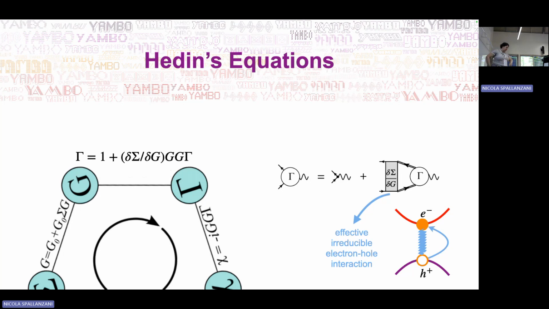If you have a Fourier transform, you never see time, just frequency. Within many-body theory, GW, you would see frequency, just frequency.